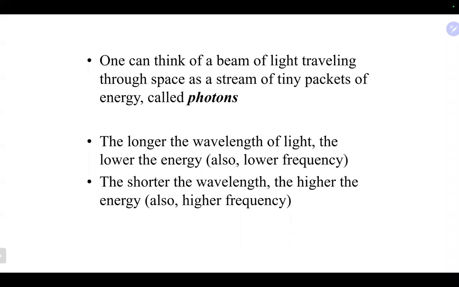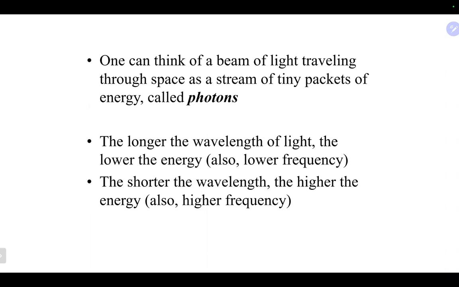One could think of a beam of light as traveling through space as a packet of energy, sometimes referred to as a photon. There is a relationship between wavelength, frequency, and energy as a wave is moving through space.